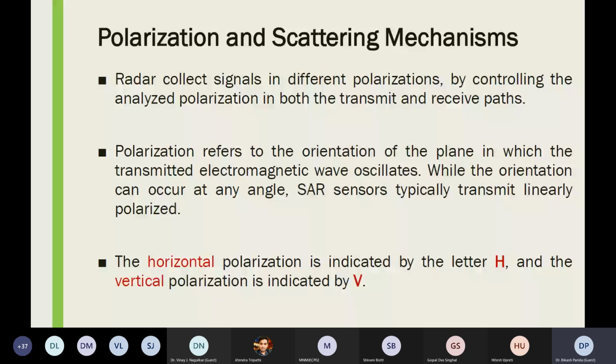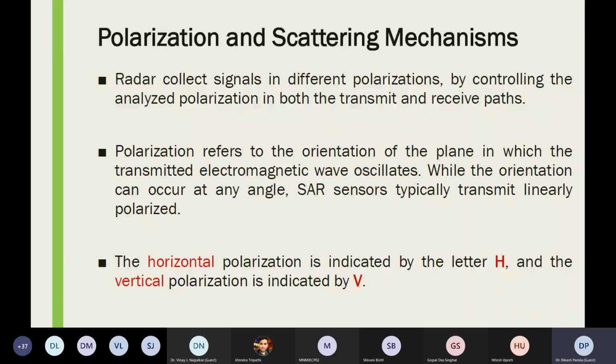Polarization basically refers to the orientation of the plane in which the transmitted electromagnetic wave oscillates. While the orientation can occur at any angle, SAR sensors typically transmit linearly polarized, that is horizontal polarization, and the second one is vertical polarization.